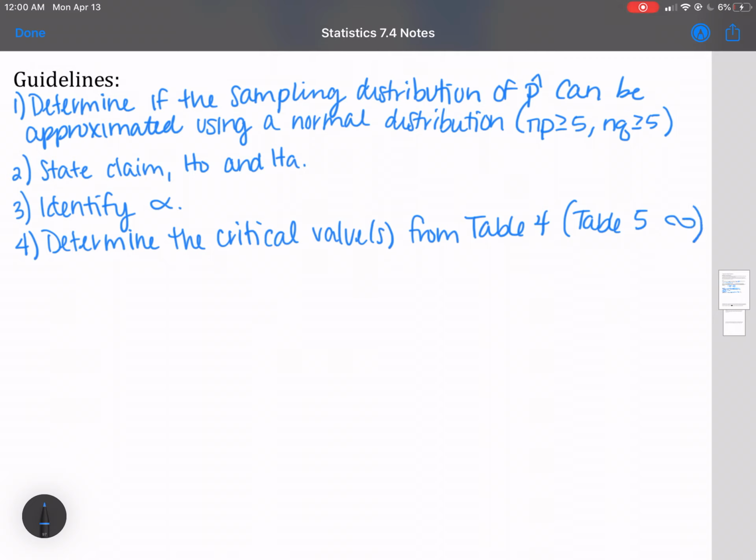Okay, since we're using our critical value, here our critical value is going to be z sub 0 again, because we're looking at the normal distribution, not the t distribution. Once we know our critical values, we can determine the rejection region.